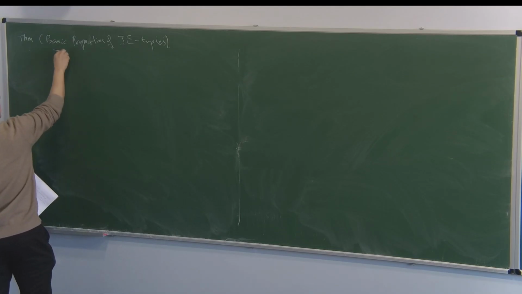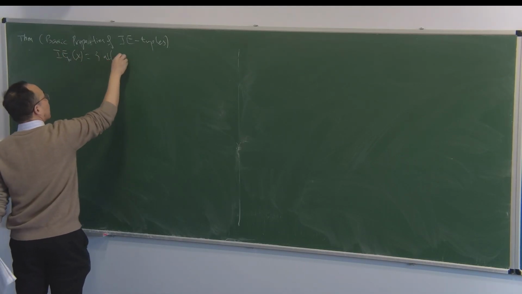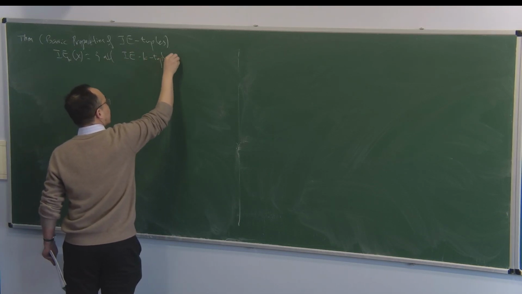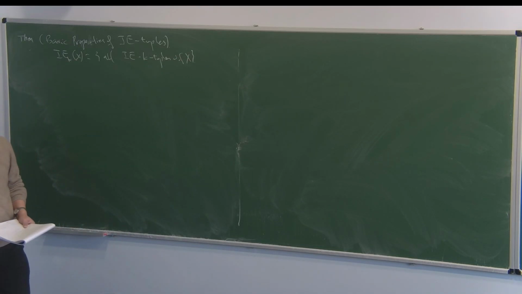So we let I_k be the set of all IE k-tuples of X. A k-tuple just means that it has k many coordinates.